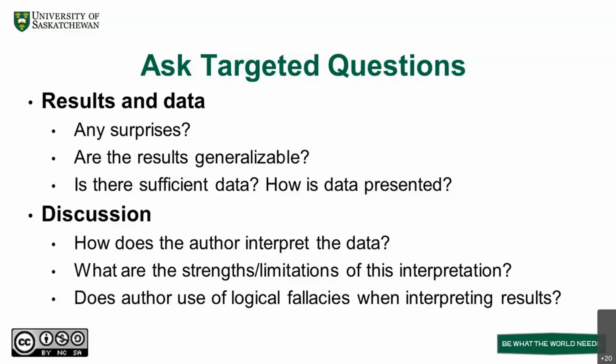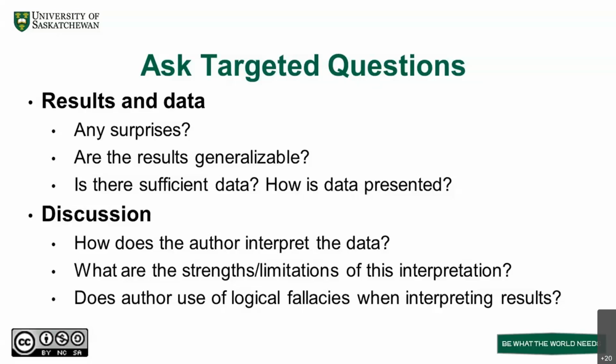So how are they actually engaging with information that they didn't expect to gather? Are they gathering information that might be generalizable? Is there sufficient data? How was the data actually presented?